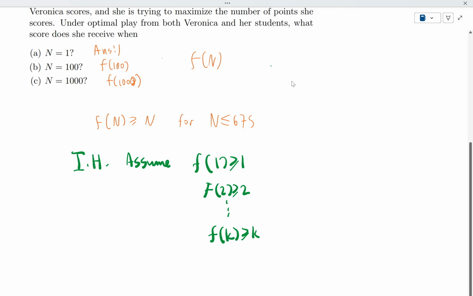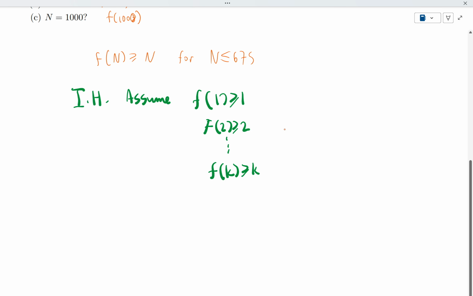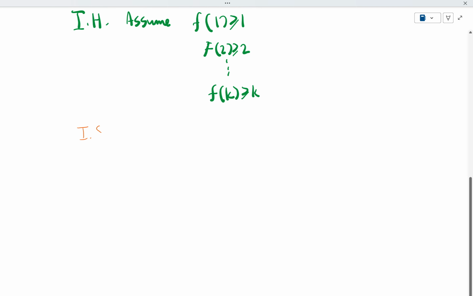So we'll use strong induction. For the induction step, we just need to prove that f(k+1) is greater than or equal to k+1.